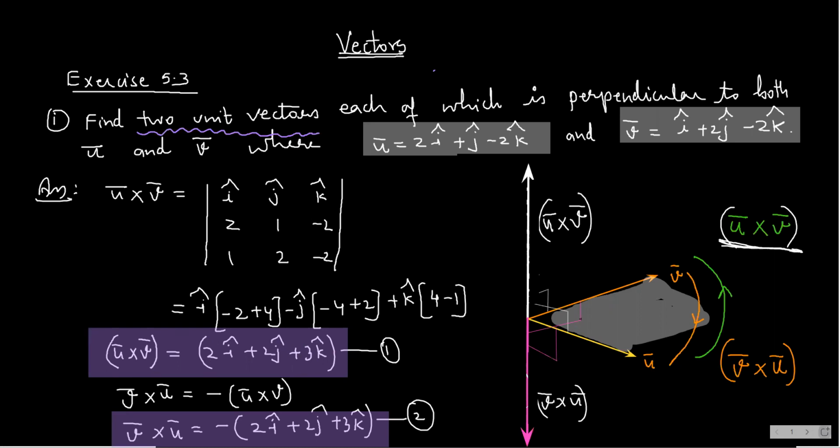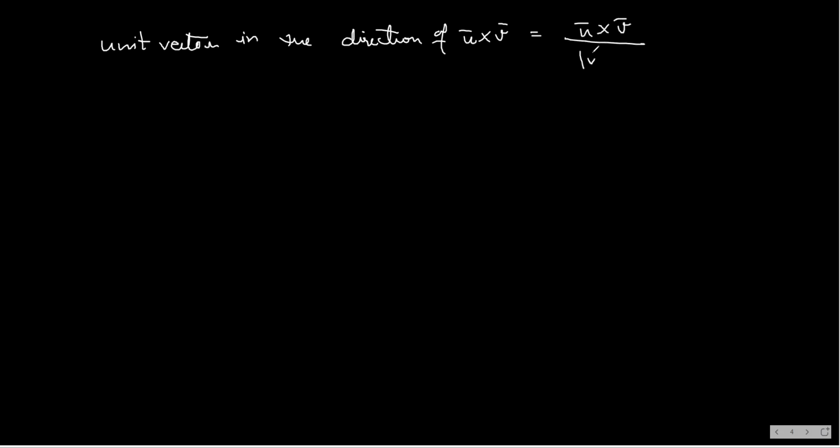For that I will write, unit vector in the direction of u bar cross v bar is equal to u bar cross v bar upon mod of u bar cross v bar. So I will find out mod of u bar cross v bar.